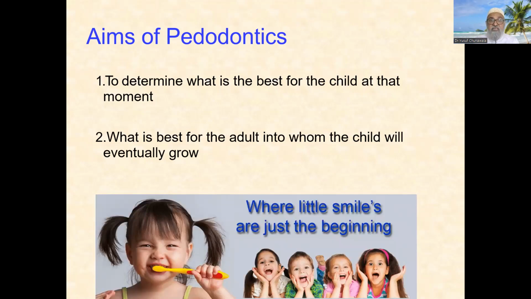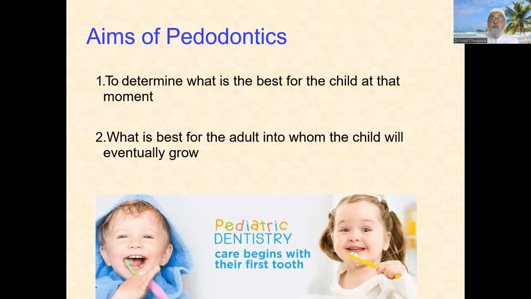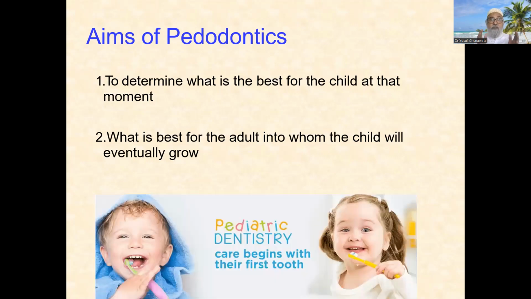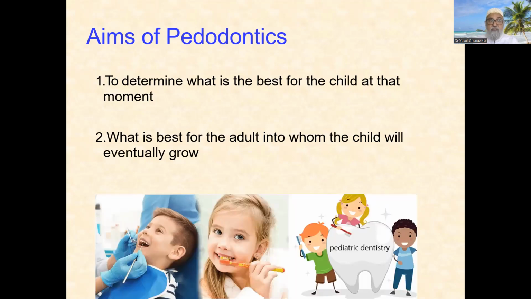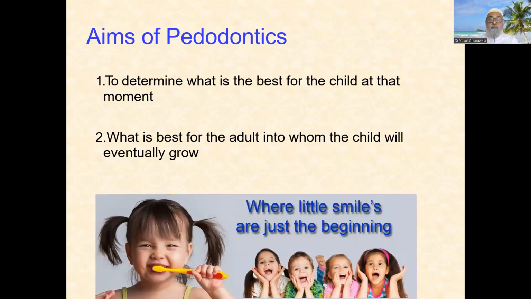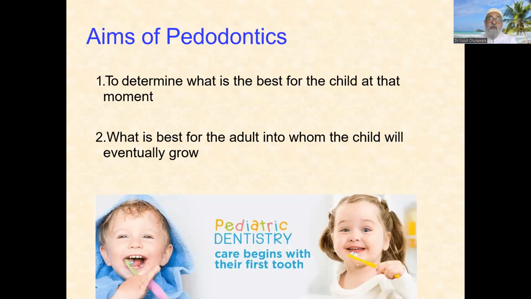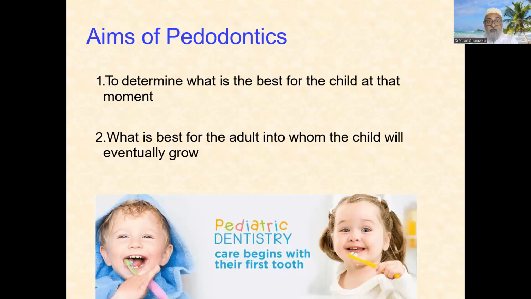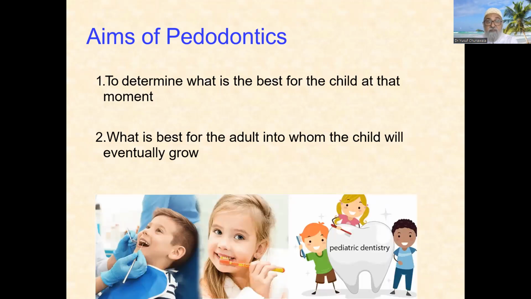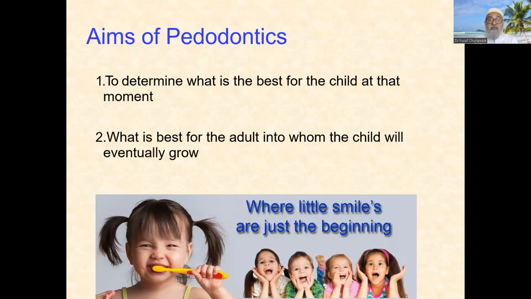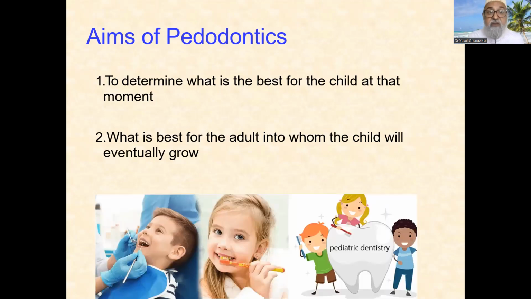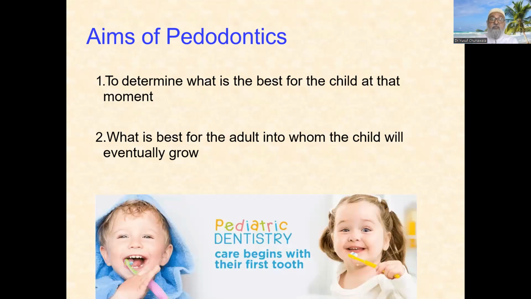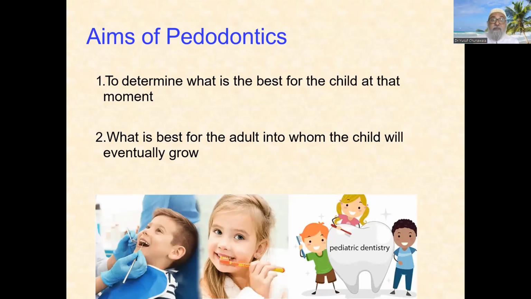And the second aspect is what is best for the adult into whom the child will eventually grow. So now the child came with multiple problems, and your role becomes very, very critical. You have to make all efforts at educating the child and the parents, and seeing to it that his overall oral development, the development of the teeth and related structures, is good, and there is no disease happening ever again.